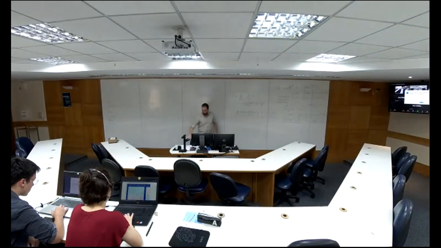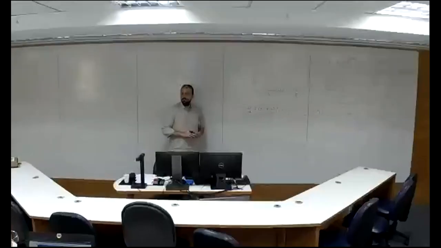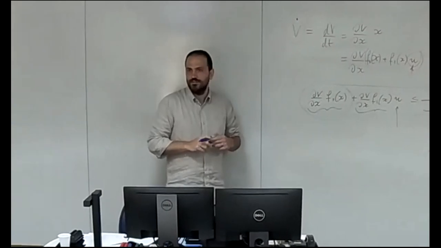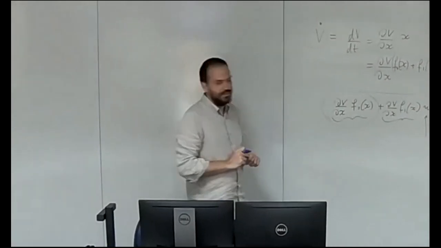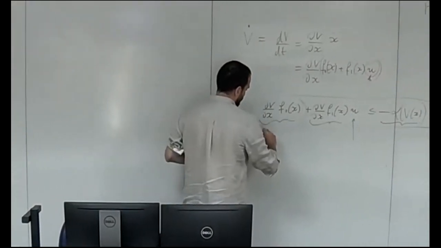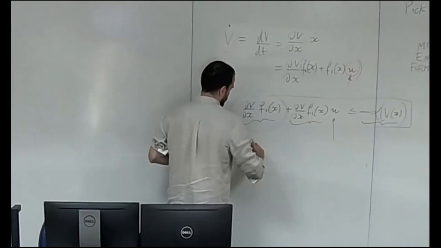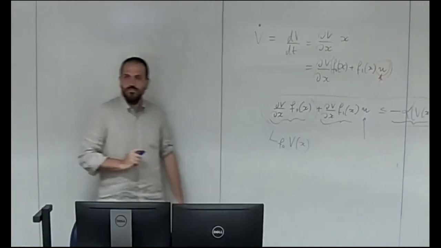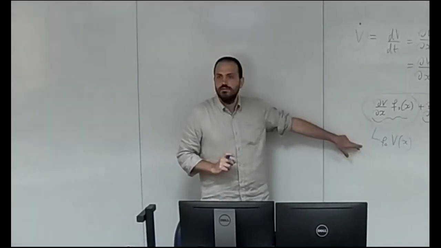One note. This is an annoying expression to write all the time: dV/dx times f0 of x. There's a shortcut. Have you ever seen this before?